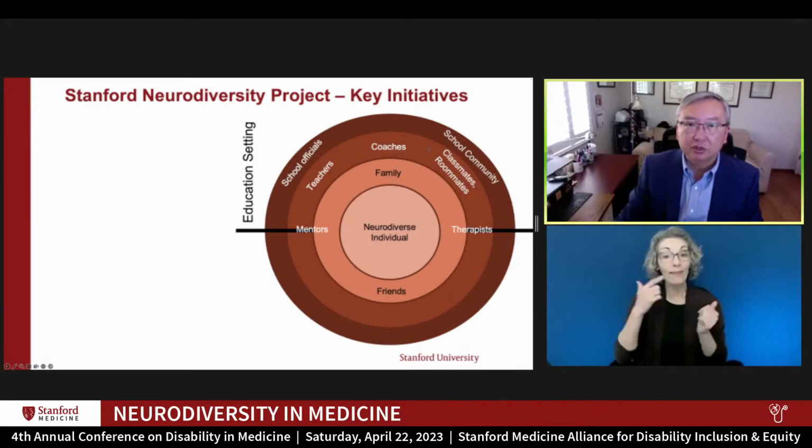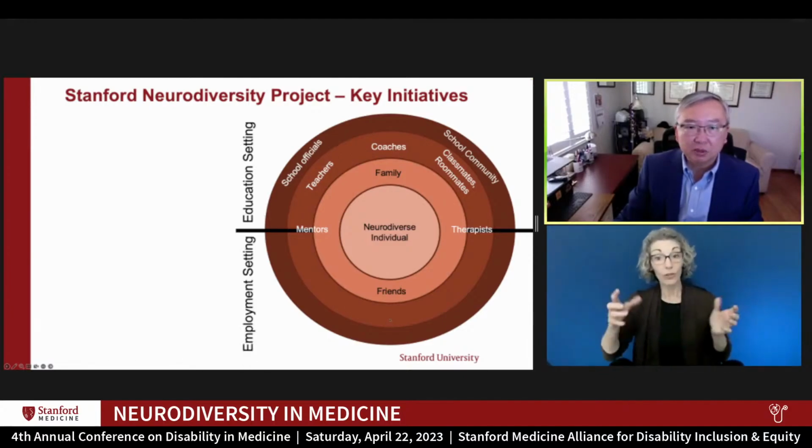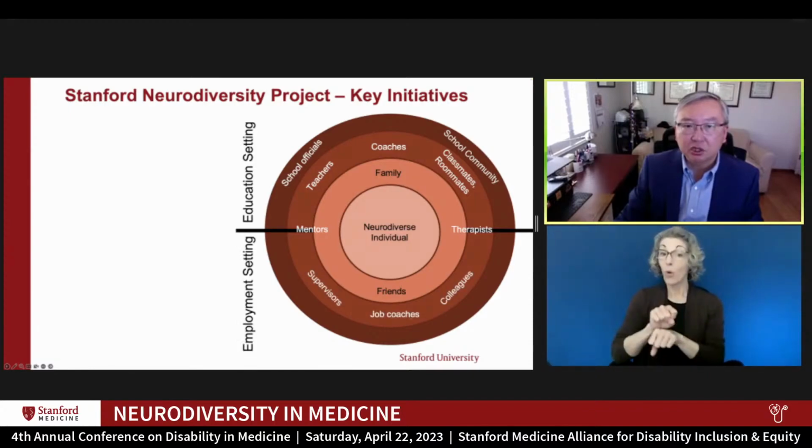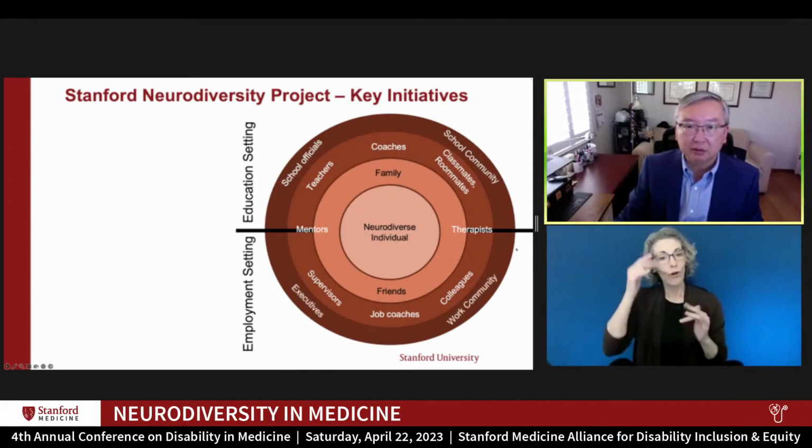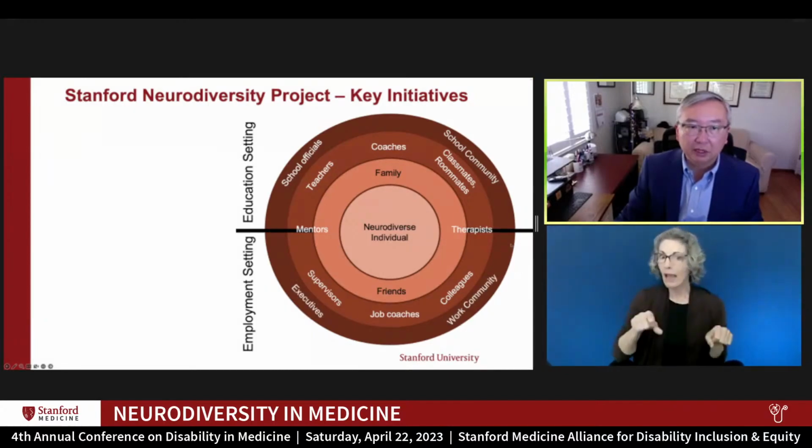And the school officials and the school community can do the same. In the employment setting, similarly, the supervisors, job coaches, colleagues can make the immediate environment more neurodiversity friendly, and the executives and the work community can even make it possible in a larger environment.